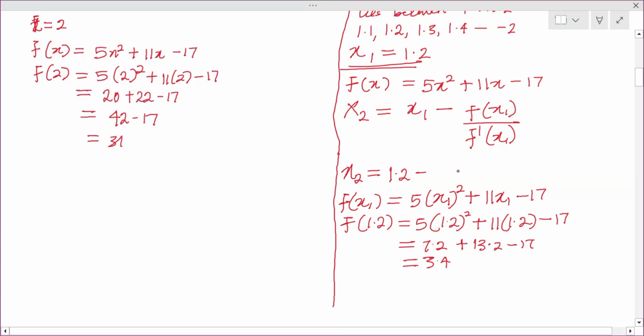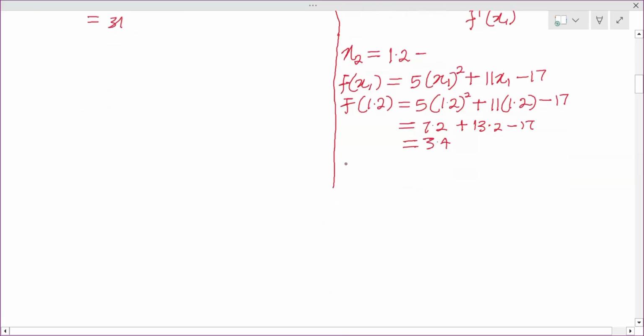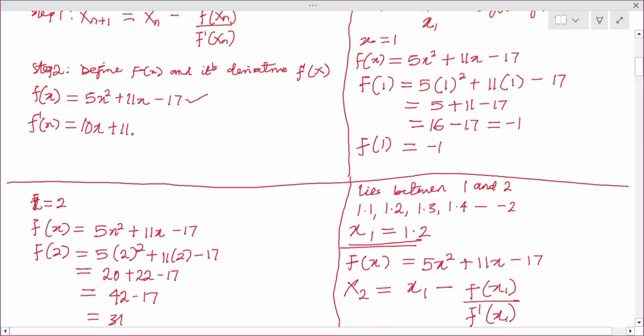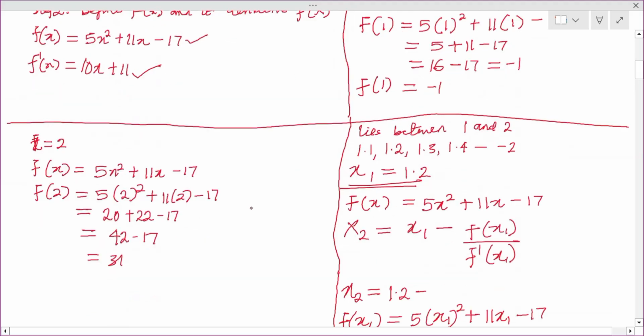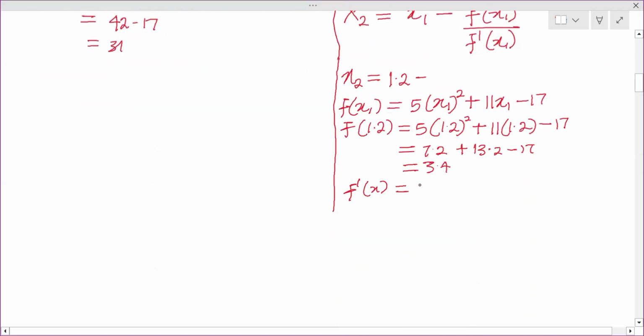Now here, f prime of x. Remember our f prime of x. When you find the derivative of it, we have f prime of x is equal to, look at it here, the derivative of that is this one. So f prime of x is 10x plus 11. Is that correct?